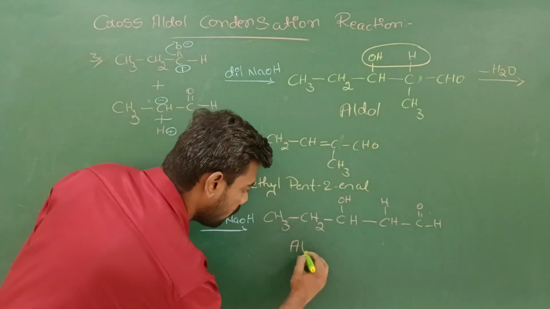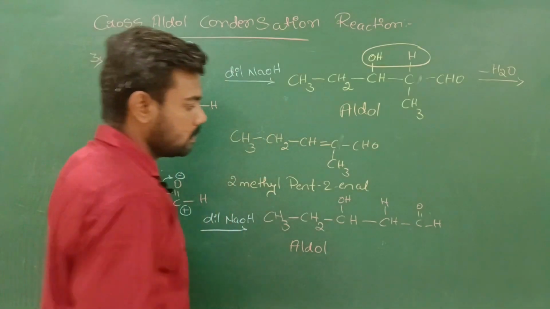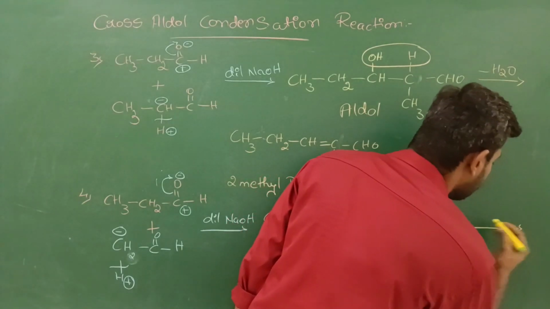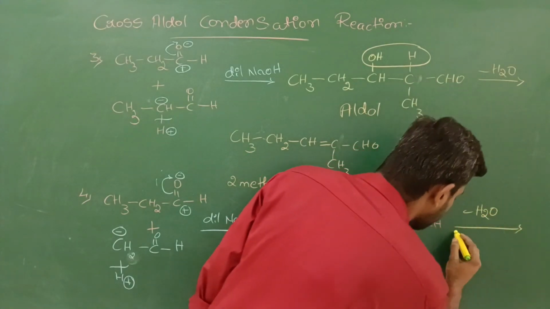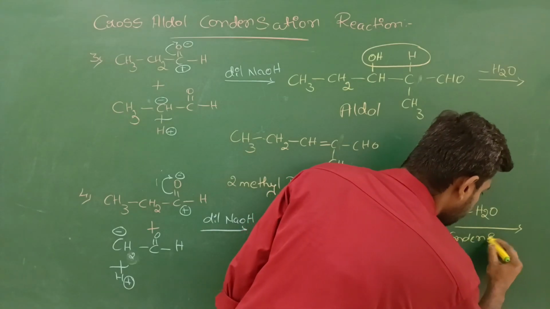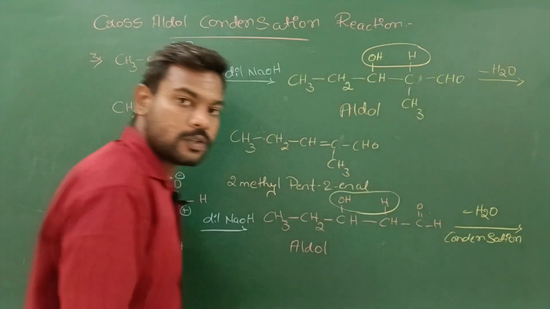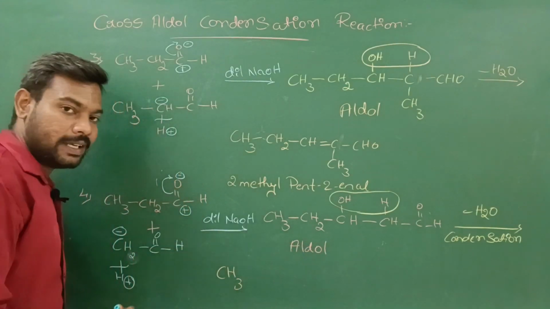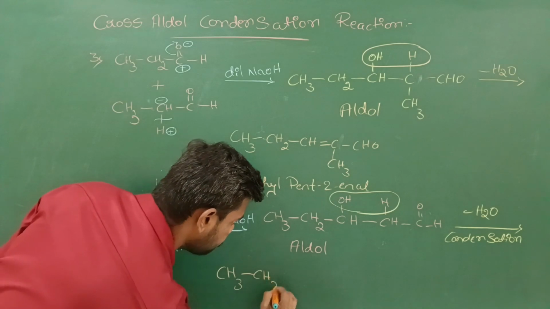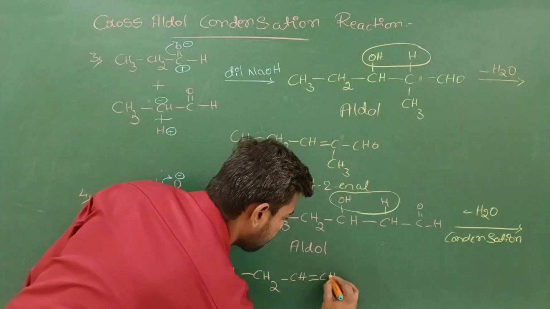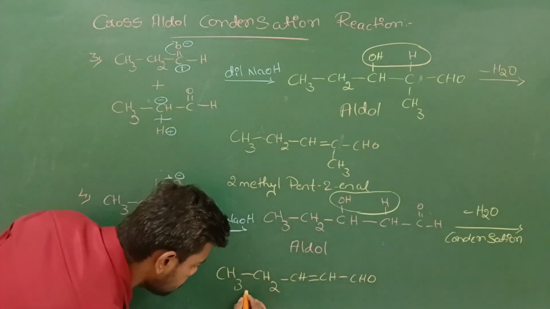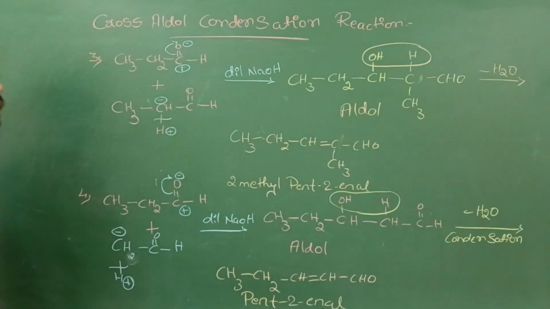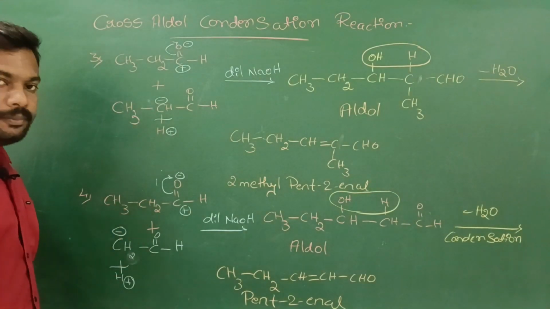This is known as aldol, which undergoes condensation reaction, that is removal of a water molecule, H2O, leading to the formation of pent-2-enal. What is the compound? This is pent-2-enal. Clear?